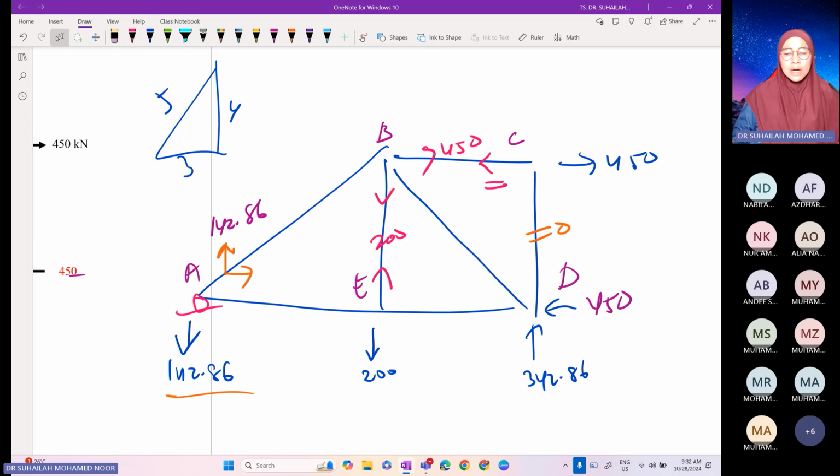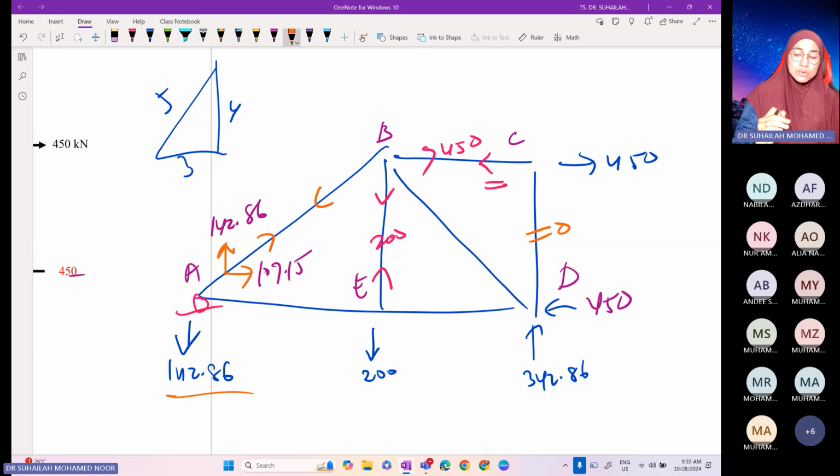Okay, so kita dah ada Y is 142.86. So berapa nilai 3? Kan? Ini memang kena fikir. 107.15. Interpolation. Okay, dan kita dah akan dapatlah daripada hypotenuse.